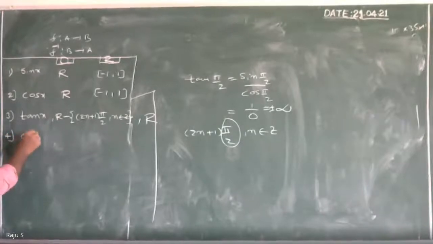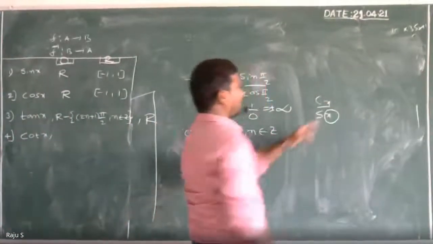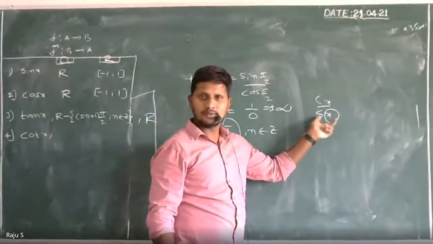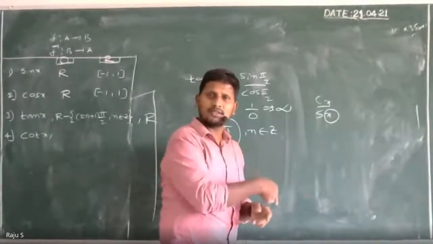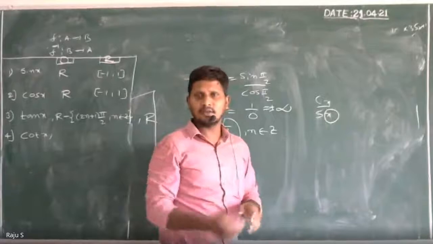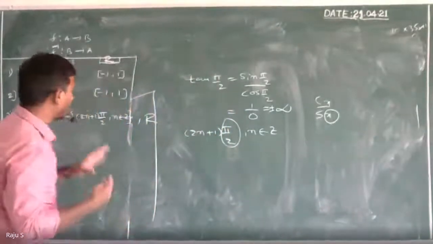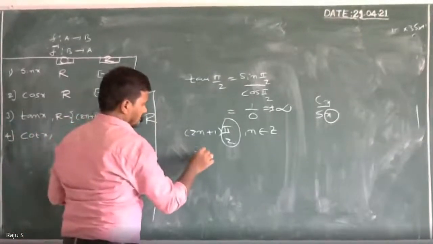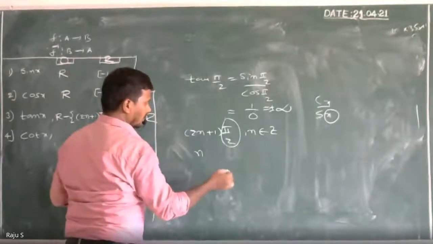Like cot x. Cot x is nothing but cos x by sin x. For what value of x does sine become 0? Sine 0 is 0, sine 180 is 0, sine 360 is 0, minus 180, minus 360, minus 540, minus 720, everything becomes 0. 180 means pi, 360 means 2 pi, 540 means 3 pi.